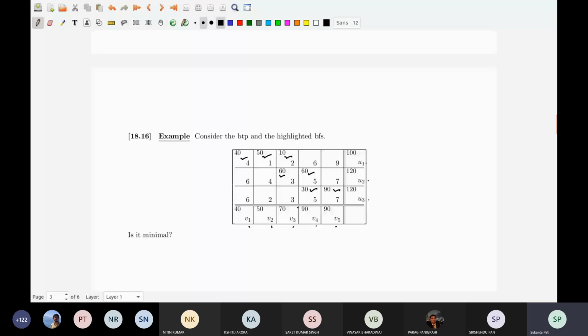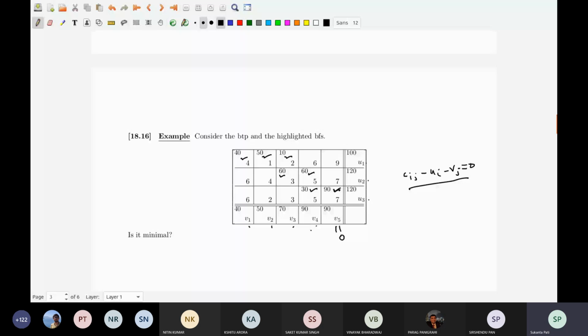Now on the basic square, what I know is that Cij minus ui minus vj is equal to 0. On a basic square, the relative cost is equal to 0. That means Cij will be equal to ui plus vj. Now this is a basic square. V5 is equal to 0, so it gives me that u3 has to be 7.